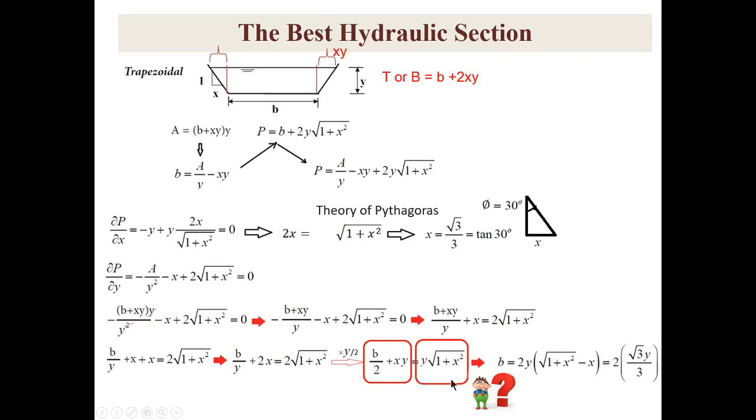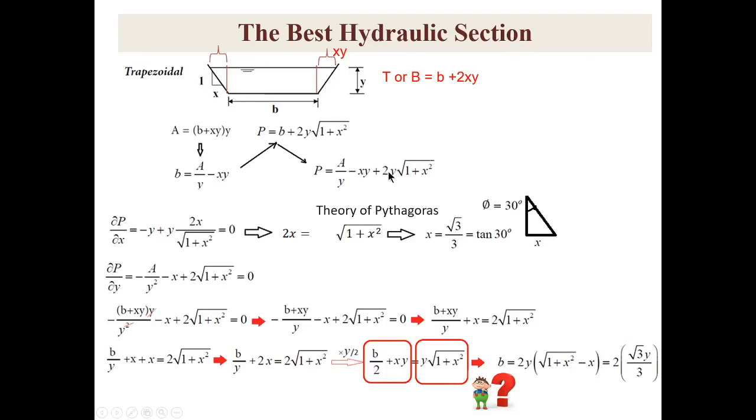What does it mean? I think that this term has to some extent appeared here: y times root of 1 plus x squared. If you remember, this entire 2y root of 1 plus x squared represented the summation of two sides.